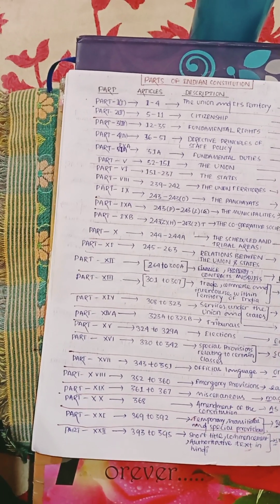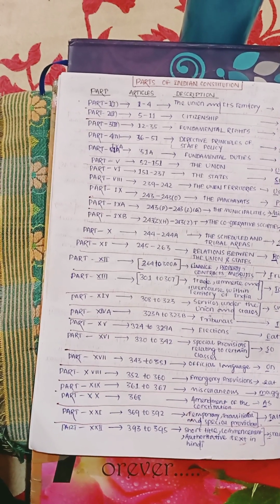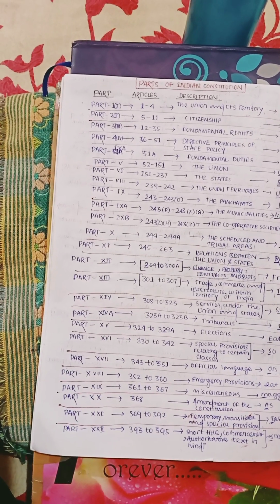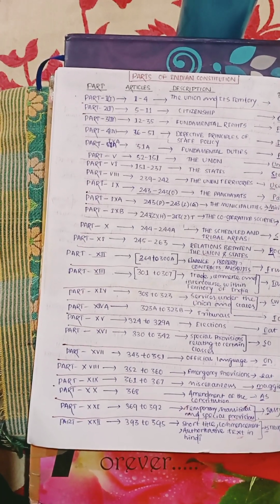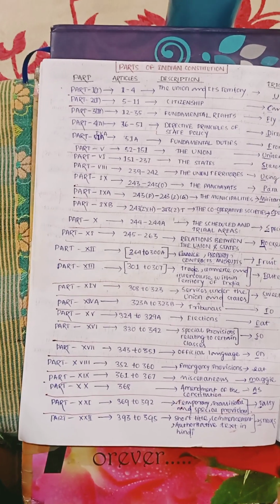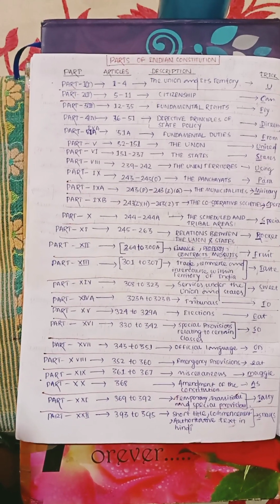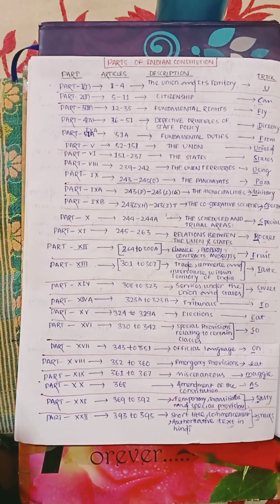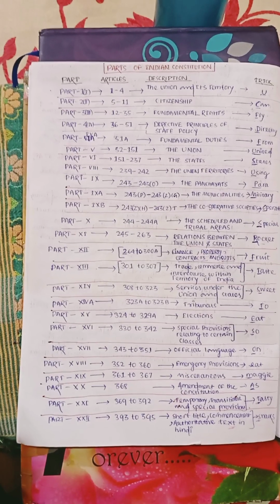And to remember part 20 about amendment of the constitution, the trick is as. To remember part 21 for temporary, transitional and special provision, you use the trick tasty. And to remember part 22 for short title, commencement, authoritative text in Hindi, use snacks.